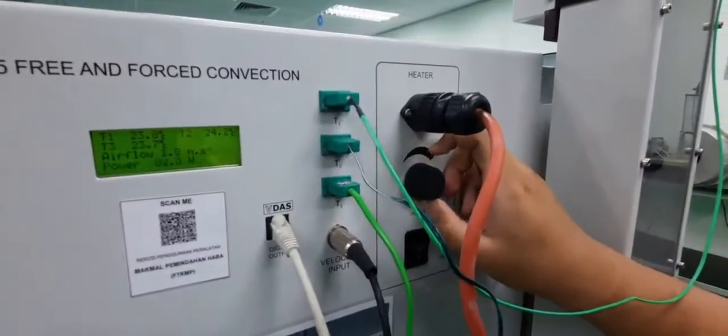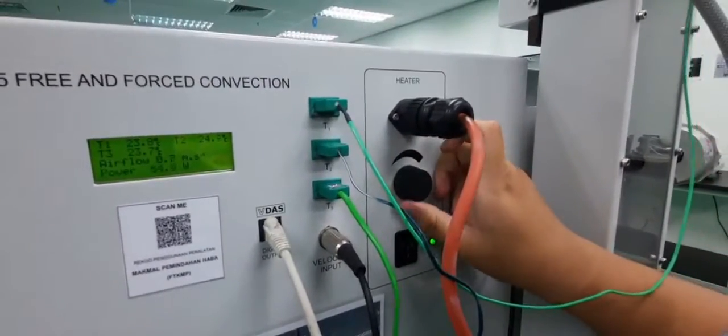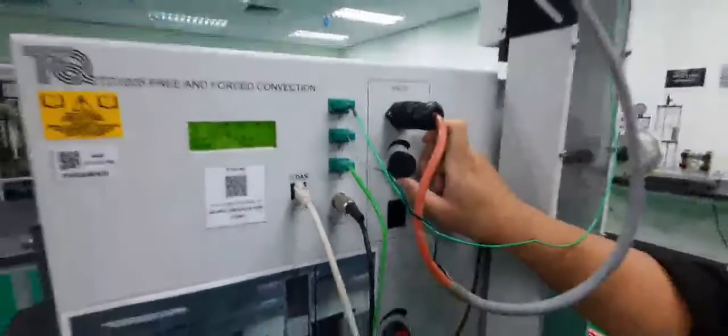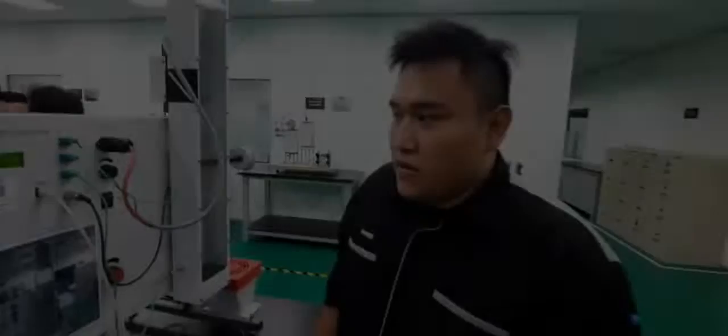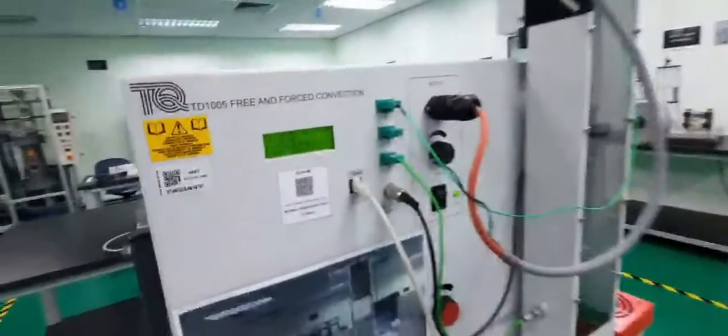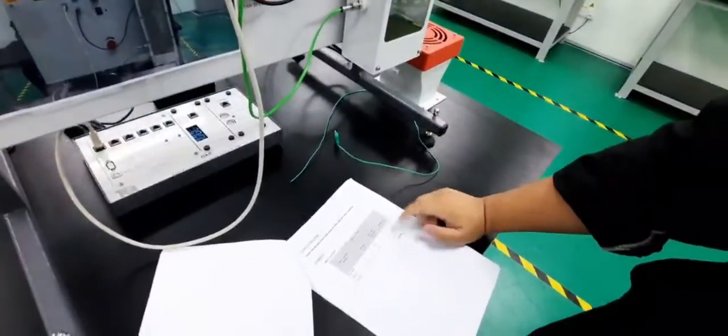We should slowly adjust the power to 5 watts. Then we adjust the power to 15 watts and record the data for the fixed power of 15 watts.